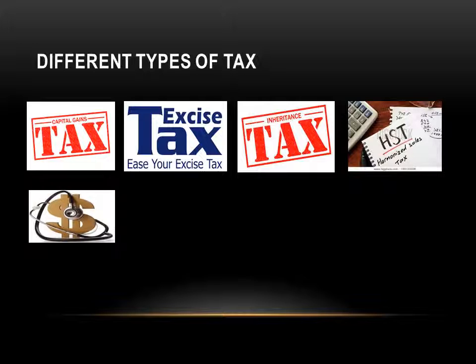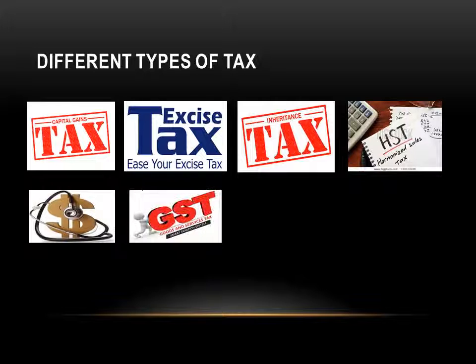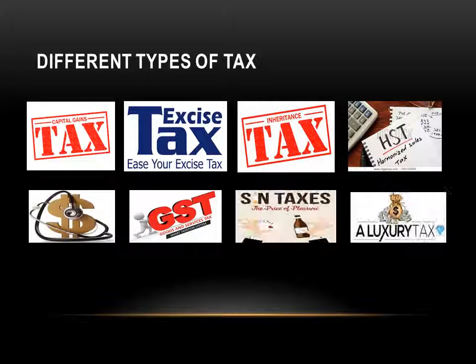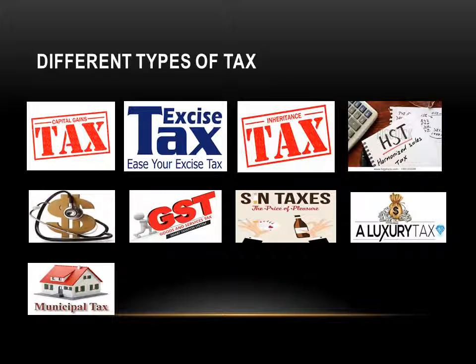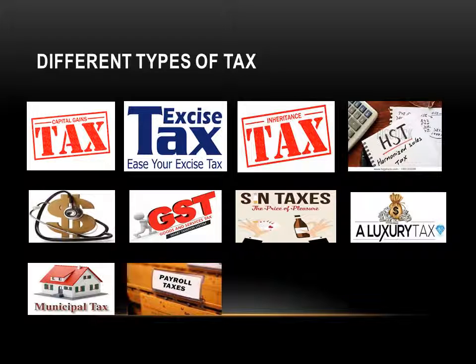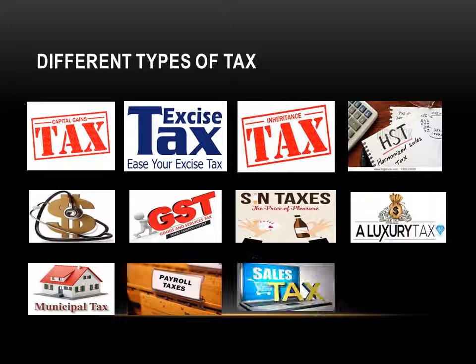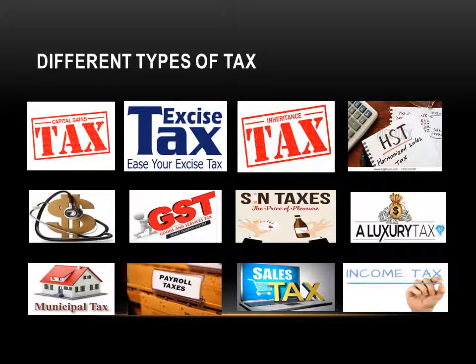They also have medical tax, goods and services tax, luxury and sin taxes, municipal tax, payroll taxes, sales tax, and income tax from personal and corporate.